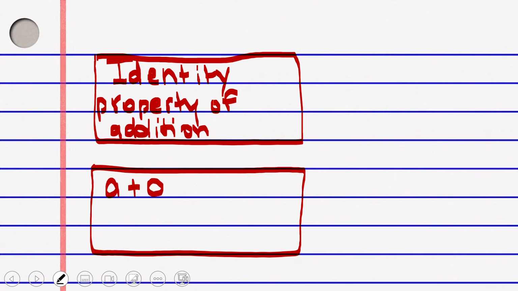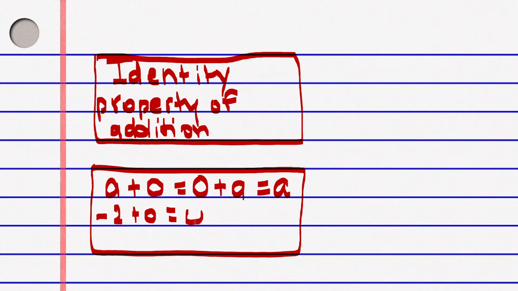Now this is different than multiplication. If you multiply by 0, we know that answer is 0. Here in addition, the number retains its identity. And we know this is the case. A plus 0 is equal to 0 plus A, which all equals A. Here's an example. Negative 2 plus 0 is equal to 0 plus negative 2, which is all equal to negative 2.